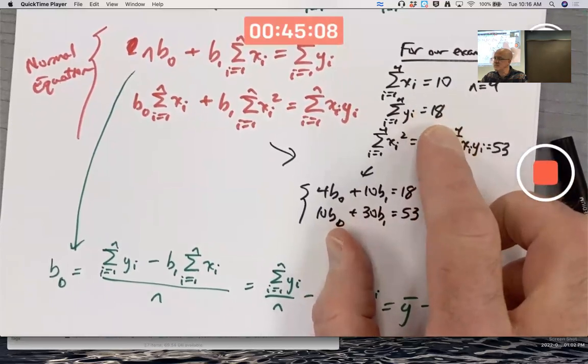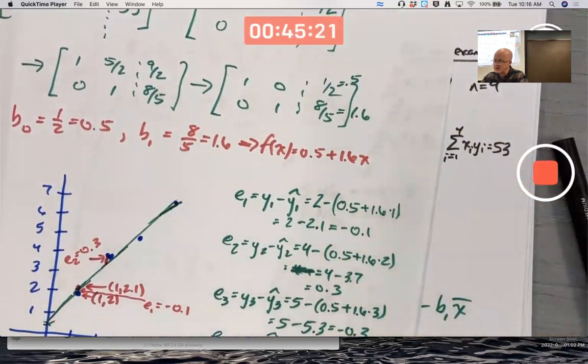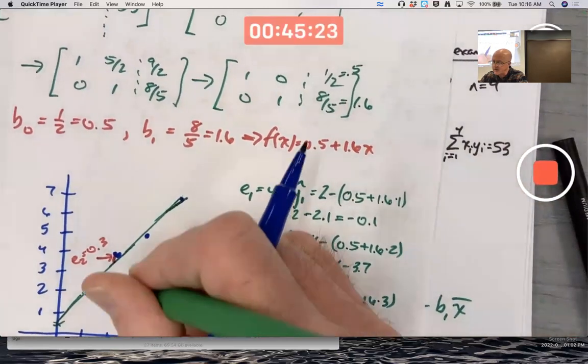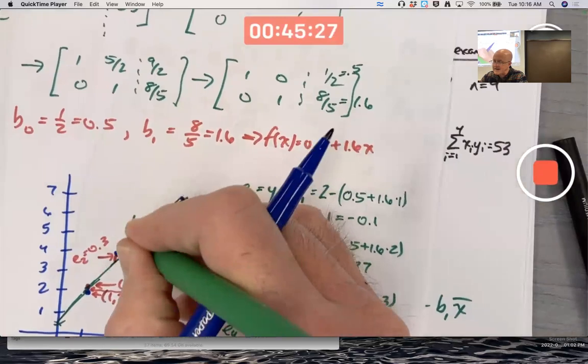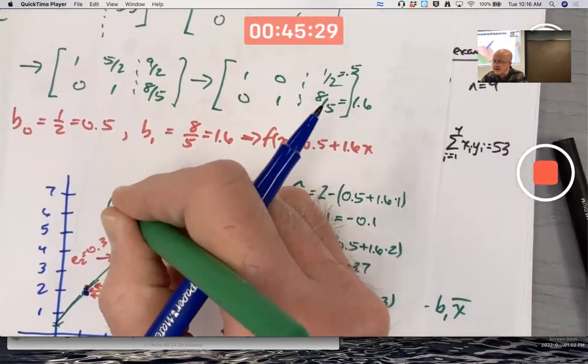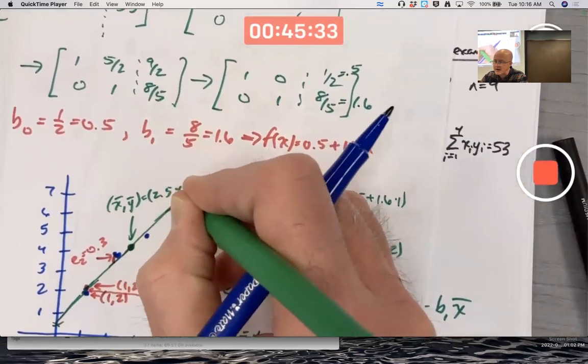The mean of the y's would be 18 divided by 4, which would be 4.5. 2.5 comma 4.5 is a point on the regression line. Should make it green. 2.5 comma 4.5, right around there. It's not a data point, but it is a point on the regression line.